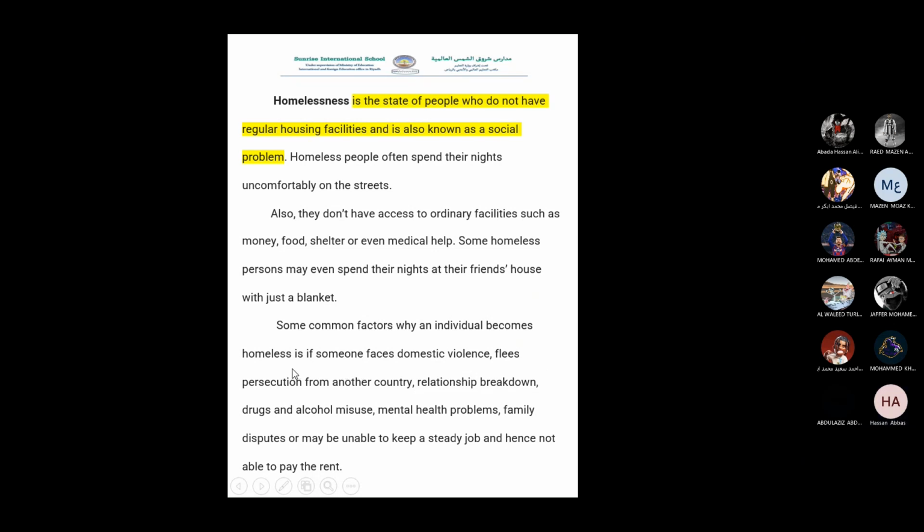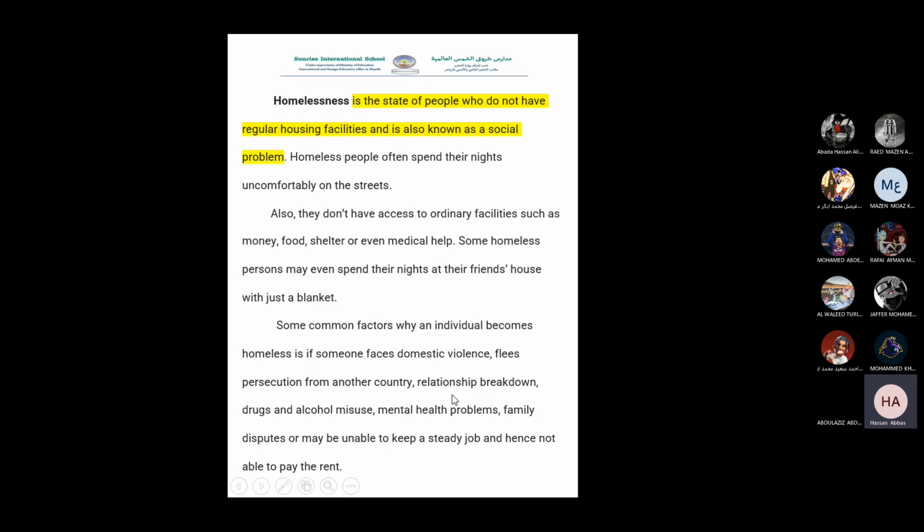So someone is homeless if he faces domestic violence in his family or in his country, flees, runs away, persecution from another country, relationship breakdown, drugs.